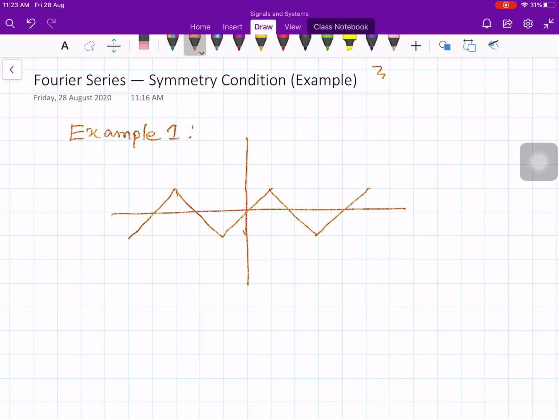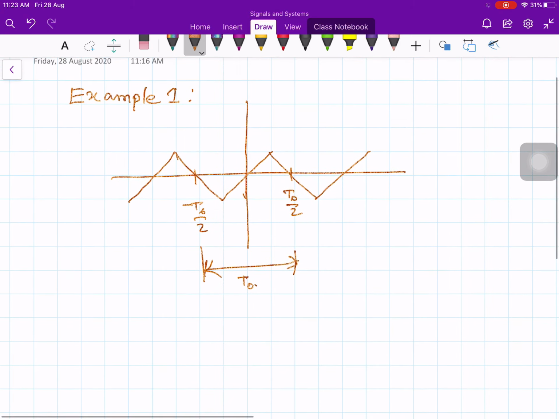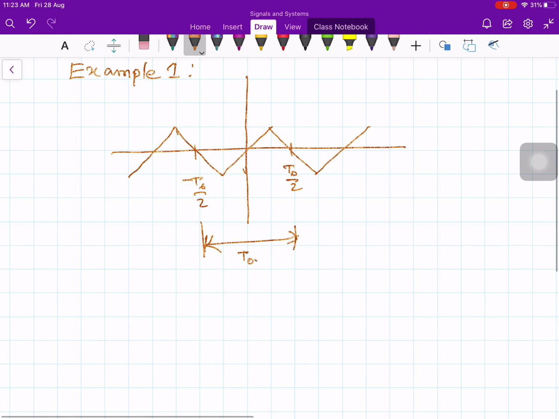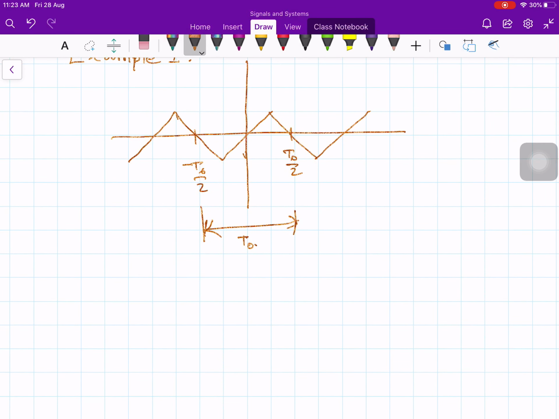So this point is t naught by 2, and this point is minus t naught by 2, and this is the total period t naught. Use the symmetric conditions, identify the terms present in the Fourier series, or you can say what are the terms that are absent in the Fourier series.